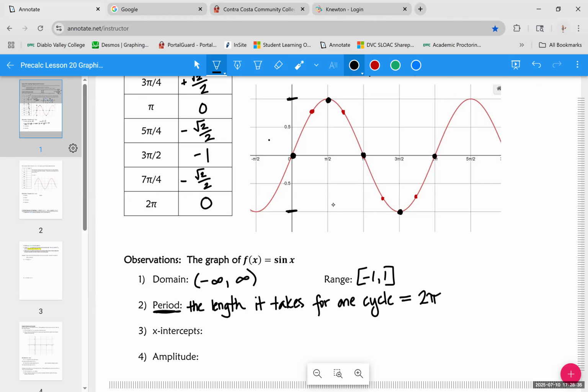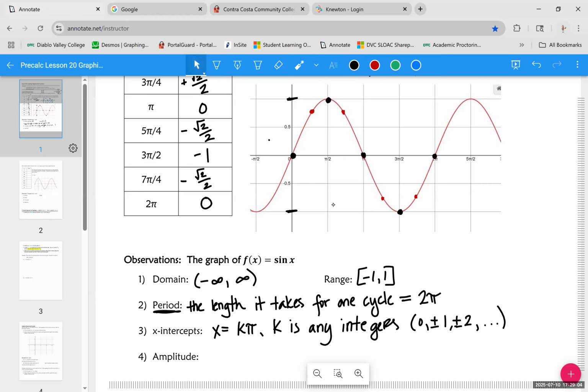The x-intercepts are happening here at 0, pi, 2 pi, 3 pi, -pi. So the way we can write that is x equals k pi, where k is any integer. Integers are whole numbers, positive, negative, and 0. So those are what integers are.